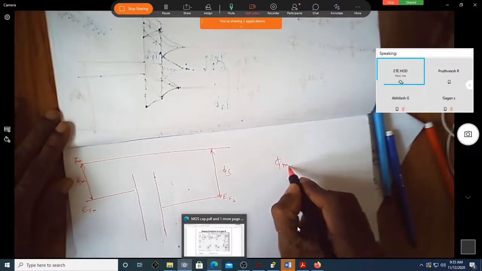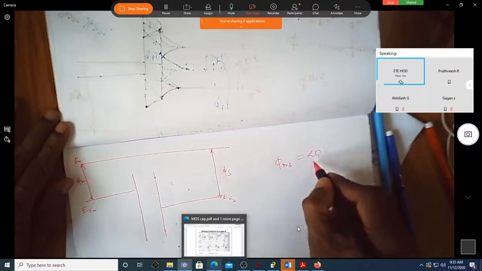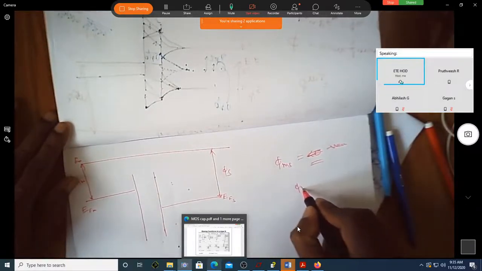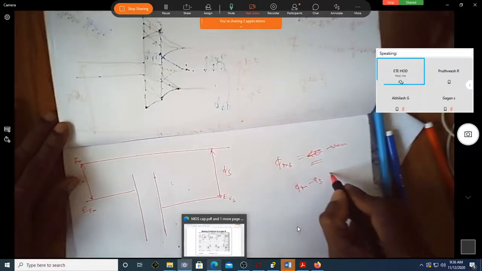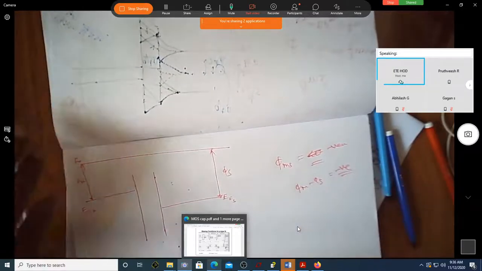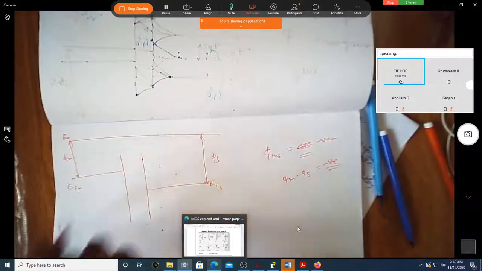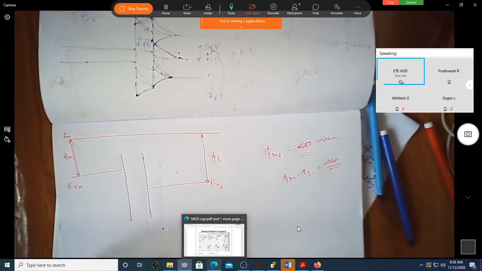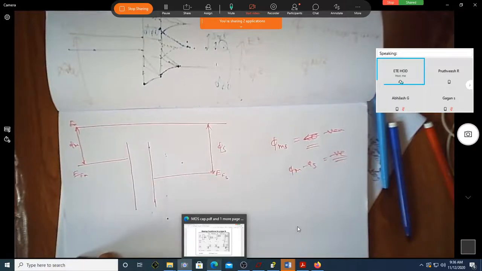Is phi ms less than 0, is it negative? Phi m minus phi s, is it negative? Because phi s is more, phi m is less. Will it make sense?